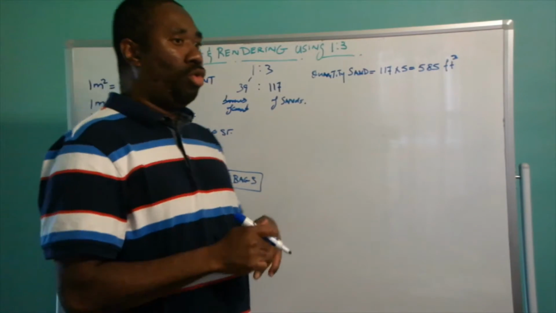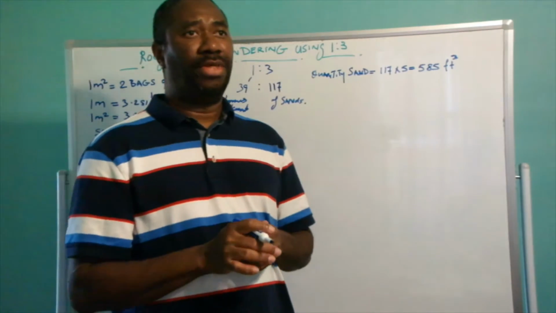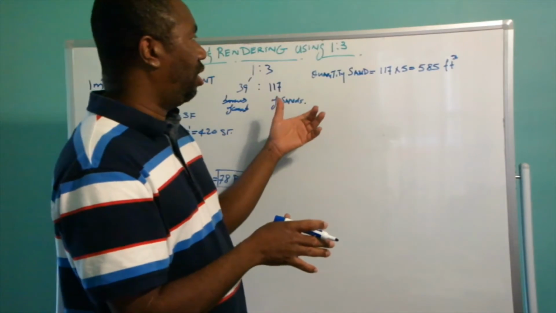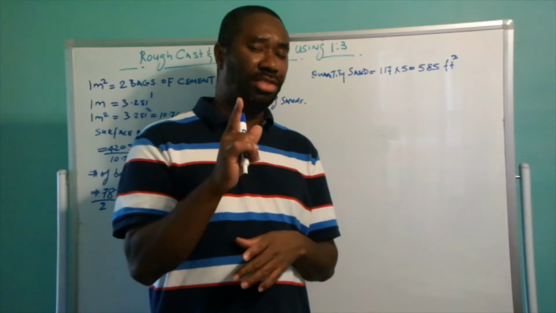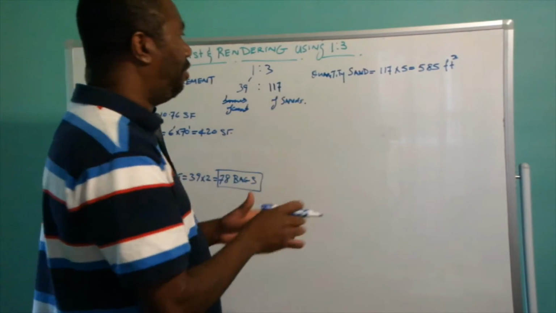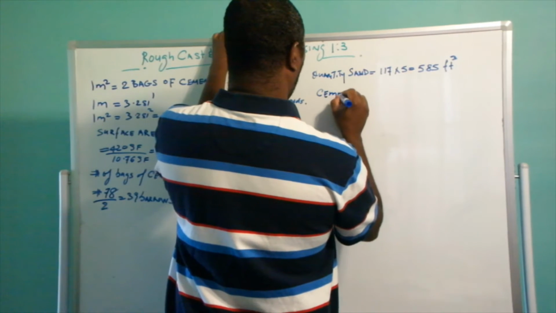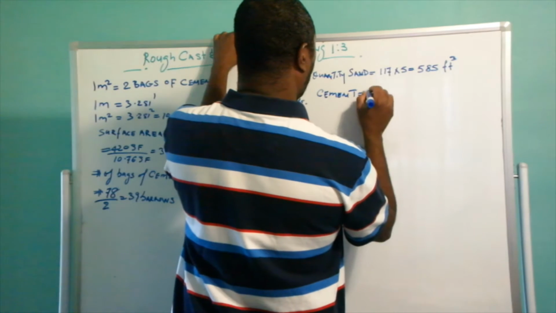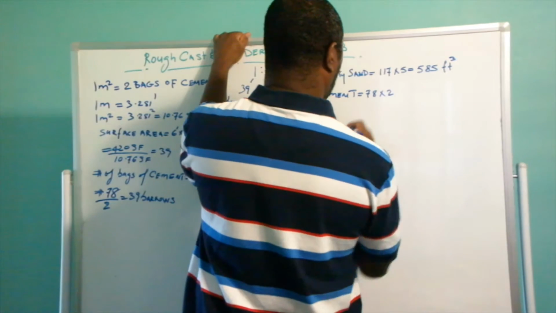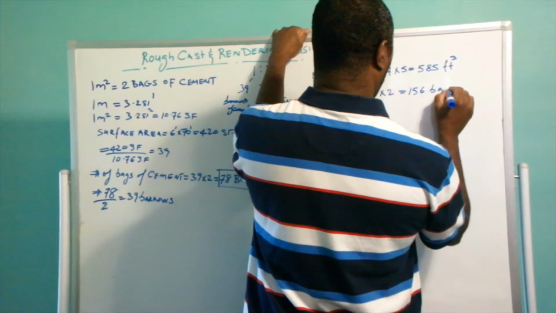Now we have to take into consideration that we're doing both sides. So this calculation is only for one side. To calculate the cement and the sand for both sides, we know that the cement for one side is equal to 78 bags. So for both sides, it's going to equal 78 times 2, which is 156 bags.